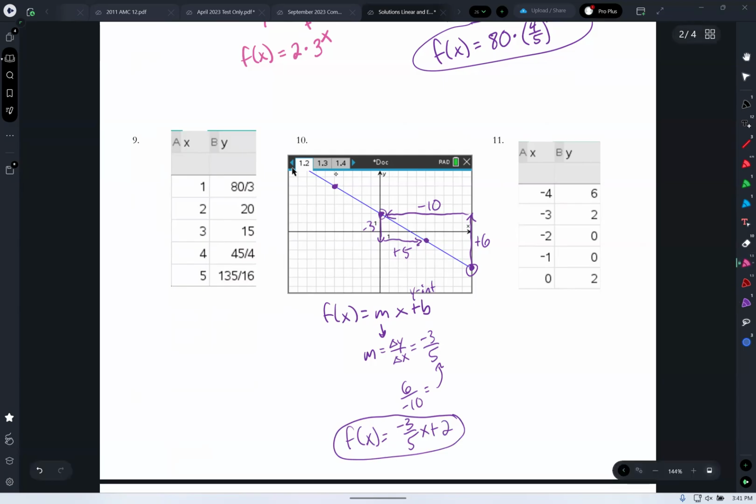Last couple of things I want to point out: when I look at number 11, there's definitely nothing I can multiply by 6 to get 2 then 0. And if I look at what's happening in those y's, it's definitely not constant additive. So this is neither linear nor exponential. But what we started to look at just today, actually really last Friday with Dr. Johnson, is that this is constant additive.